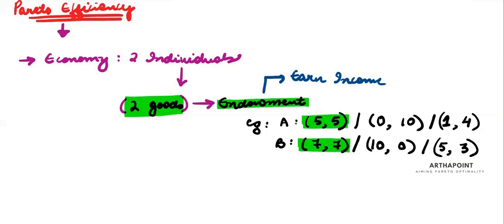This is the concept. Now, once the individuals have entered the market and earned this income by selling the endowment, they can use that income to buy goods from the market.